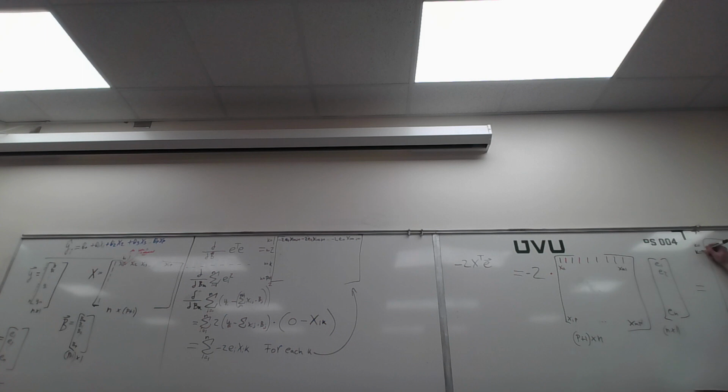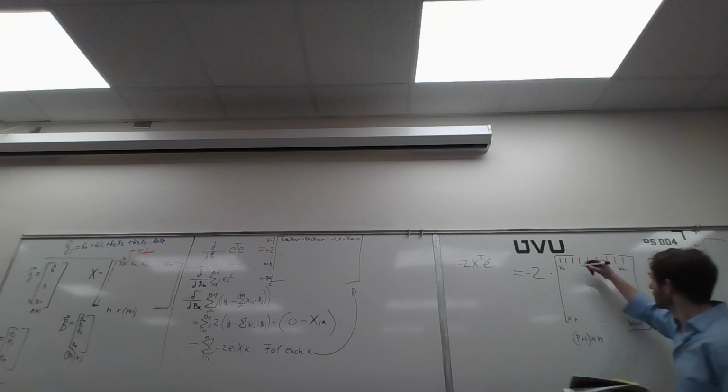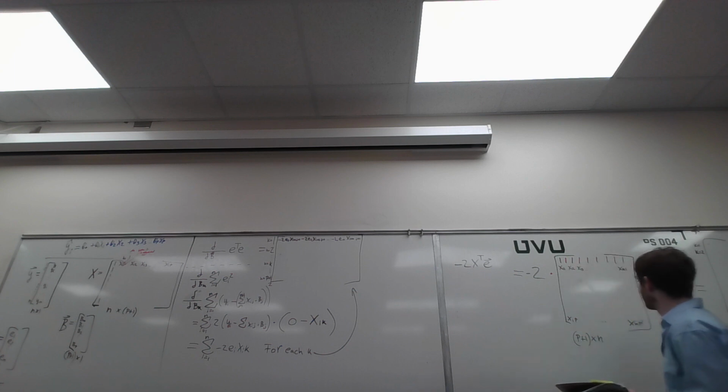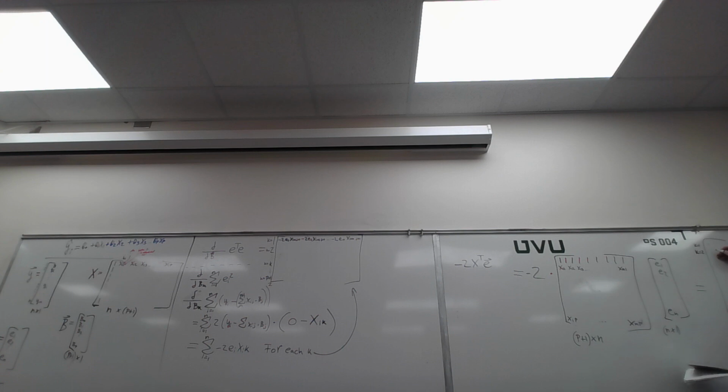Sorry. Let's do the second one. So this will be x11, x12, x13. I hope I did that right. Okay. If we look at our second one here, we're going to take our x11, multiply it by e1, add to it x12 multiplied by e2, and add to that x13.